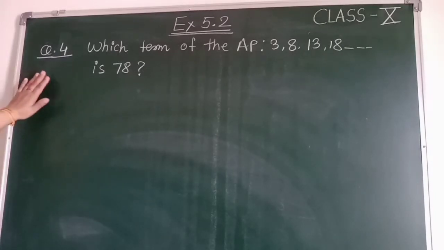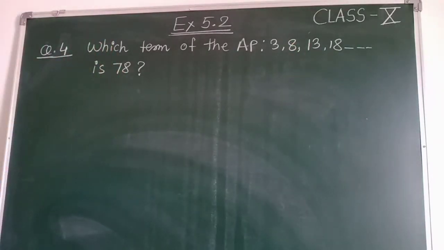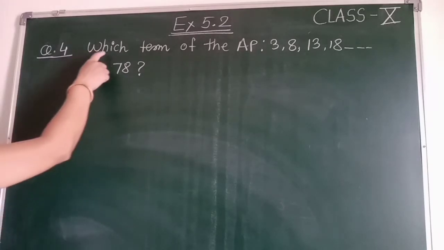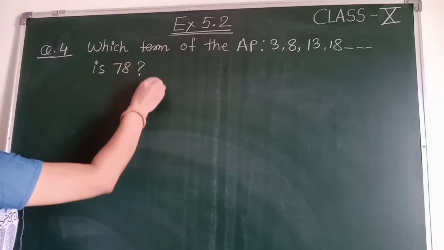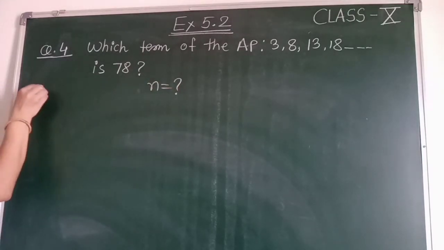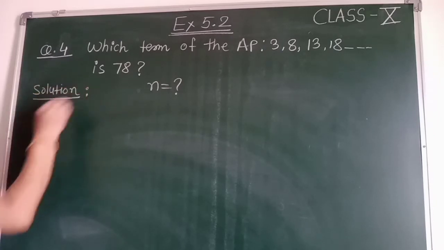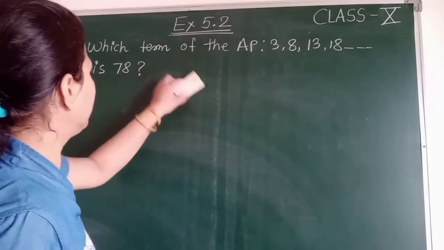Fourth question is, which term of the AP 3, 8, 13, 18 is 78? Here we have to find the number of terms. It means we have to find the value of n. So let's start the solution. First we will write the AP.